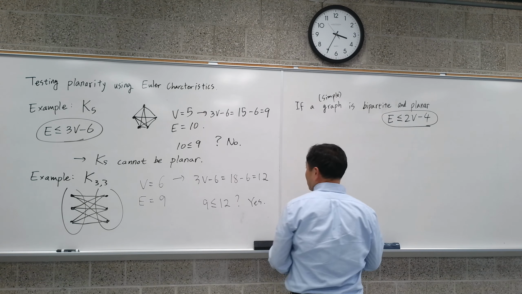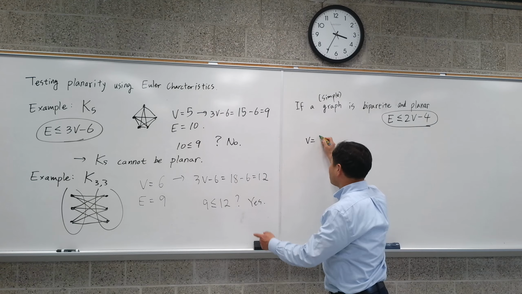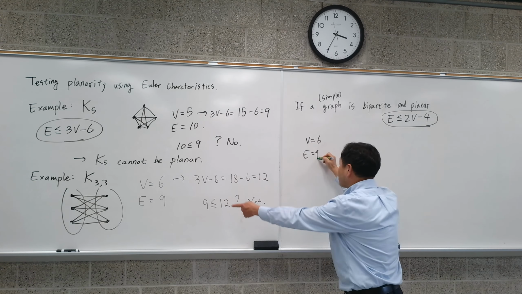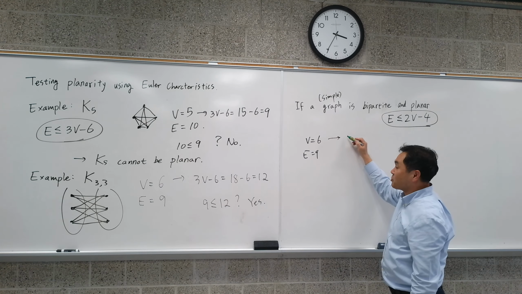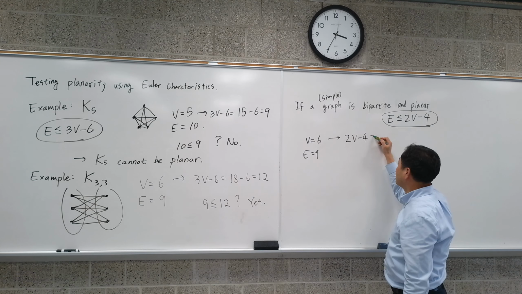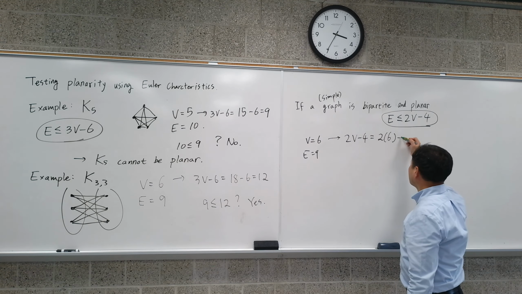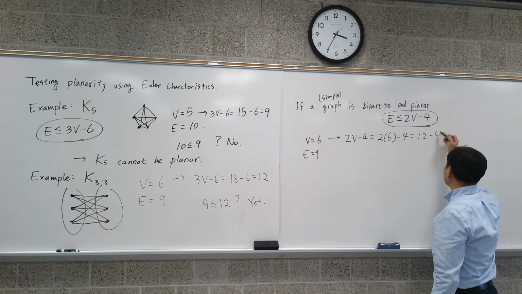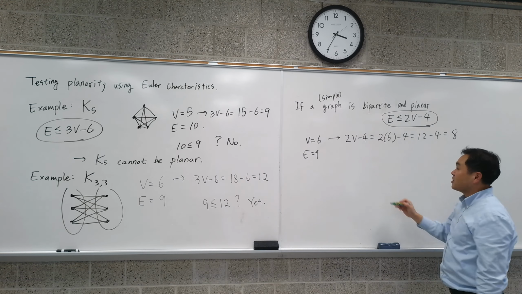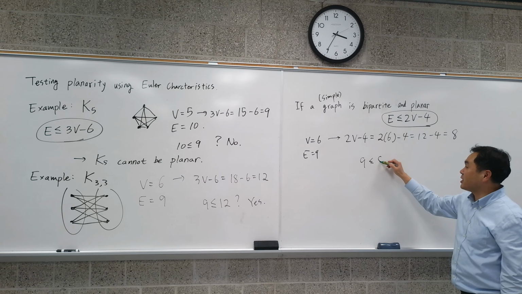So let's see what happens. Say v is 6 and e is 9, that's what we had from there. Let's see what we get for 2v minus 4. That's 2 times 6 minus 4, which is 12 minus 4, which is 8. Okay, is it true that 9 is less or equals to 8?